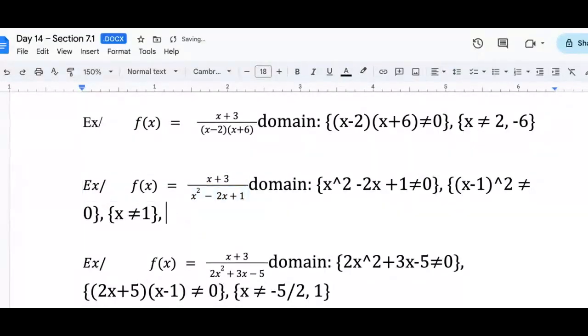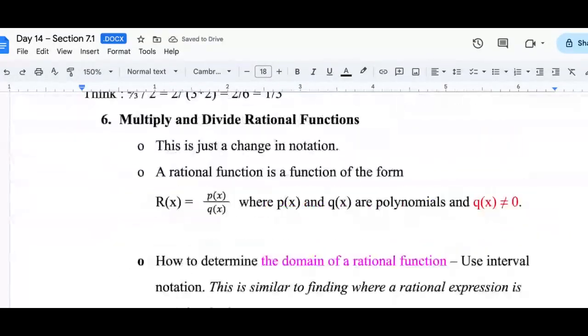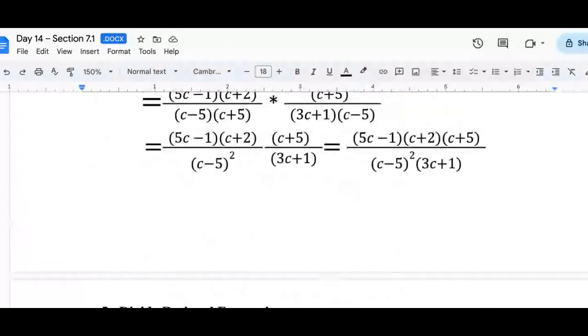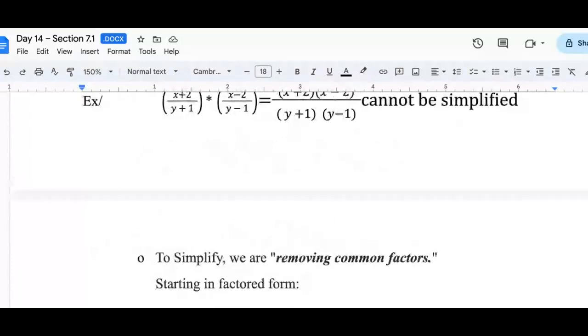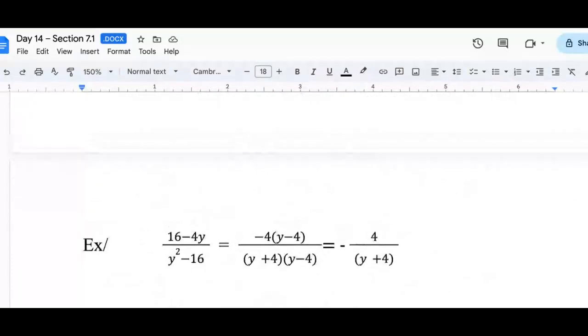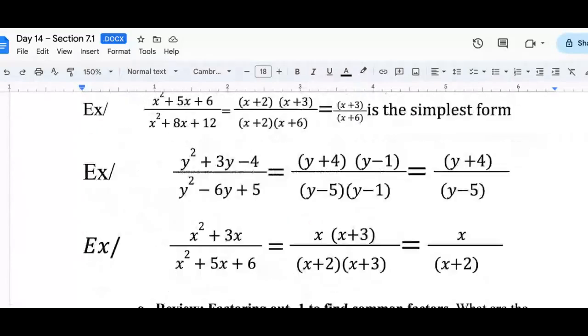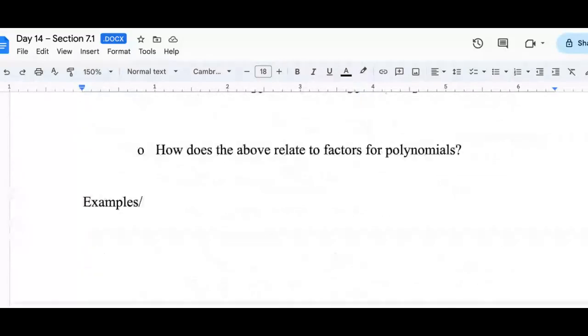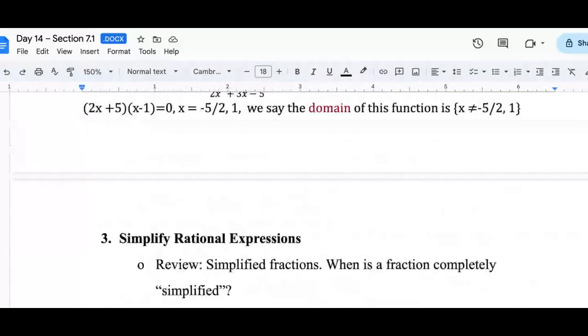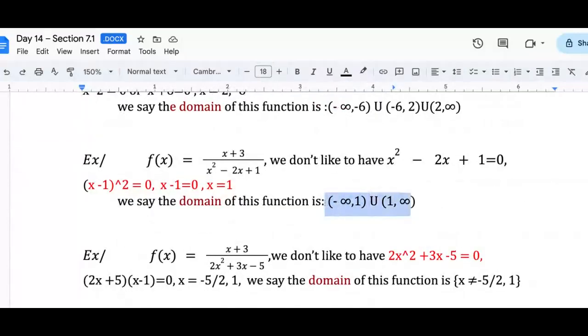So how do we use the interval notation? We use negative infinity.